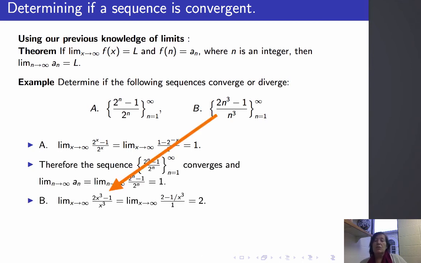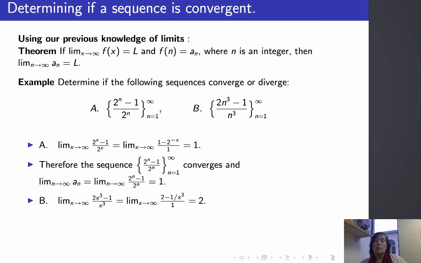Now I can do the same thing for the sequence on the right. I can replace the n by x, and I get a function of x, and I can take the limit as x approaches infinity of that function of x. If it's finite, then that's the limit of the sequence, and if it's plus or minus infinity, that's also the limit of the sequence.